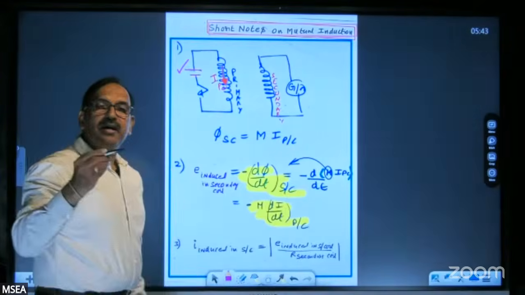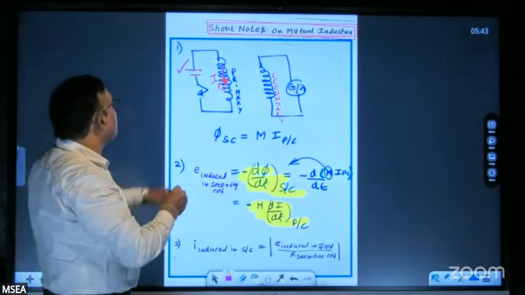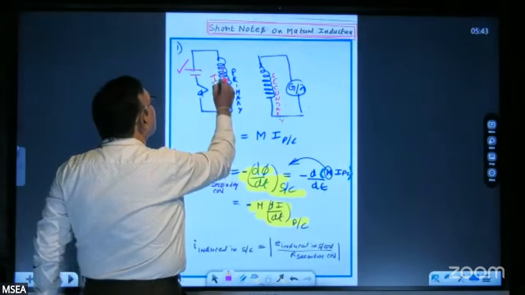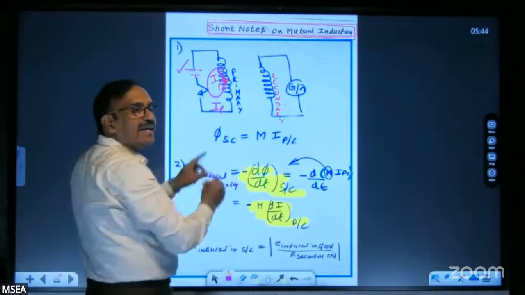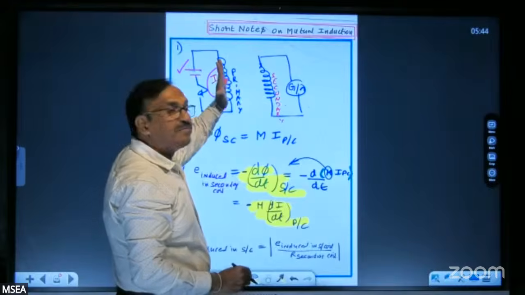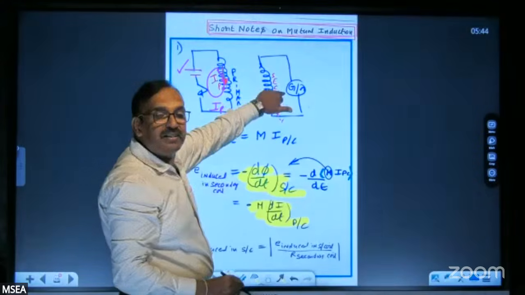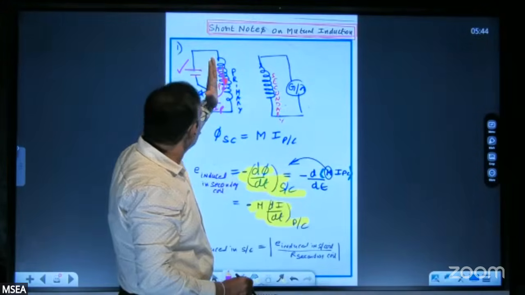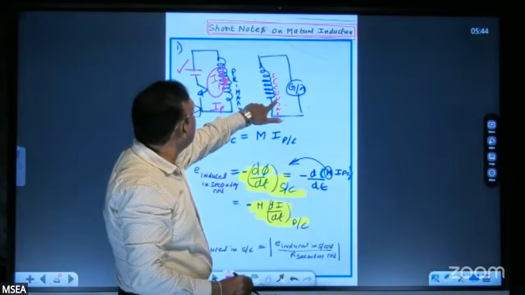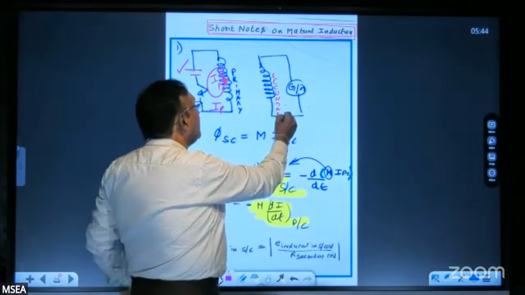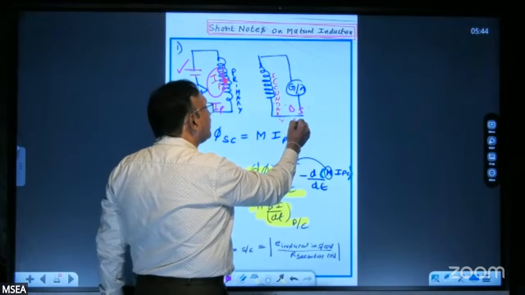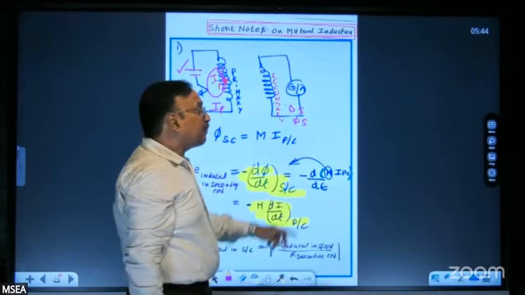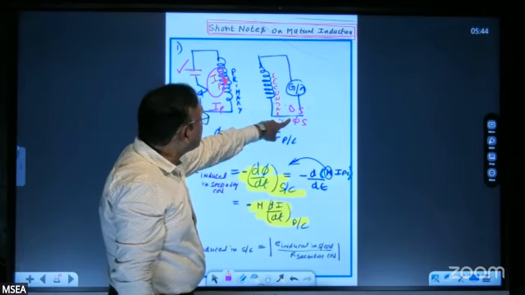Whenever there is some current IP in the primary coil, because of this current there exists some magnetic field in the neighborhood. So there exists a field acting on the secondary coil, and because of that field there is some flux in the secondary coil.